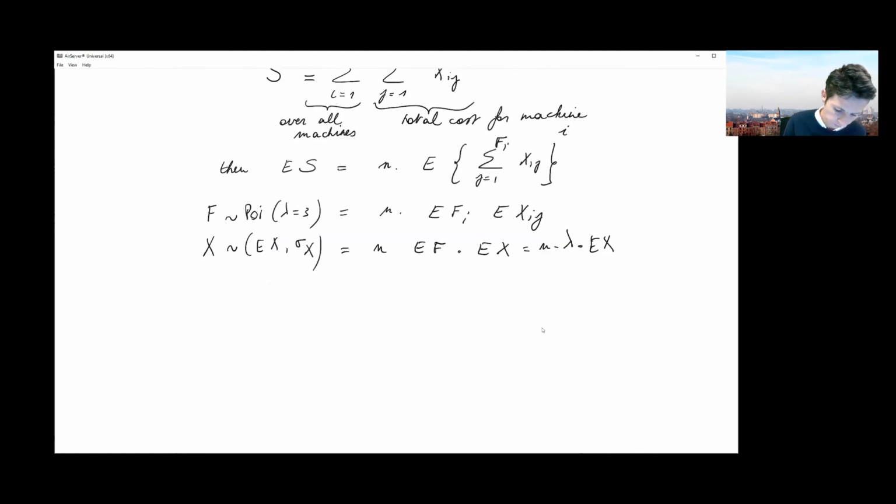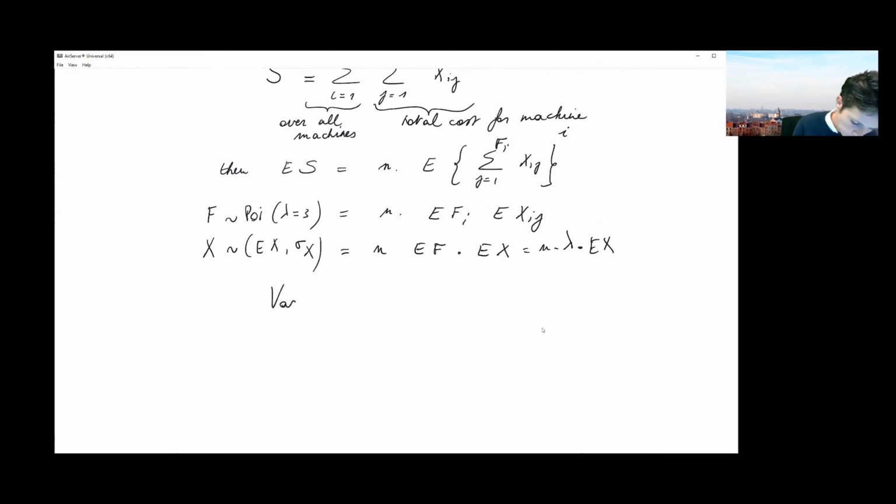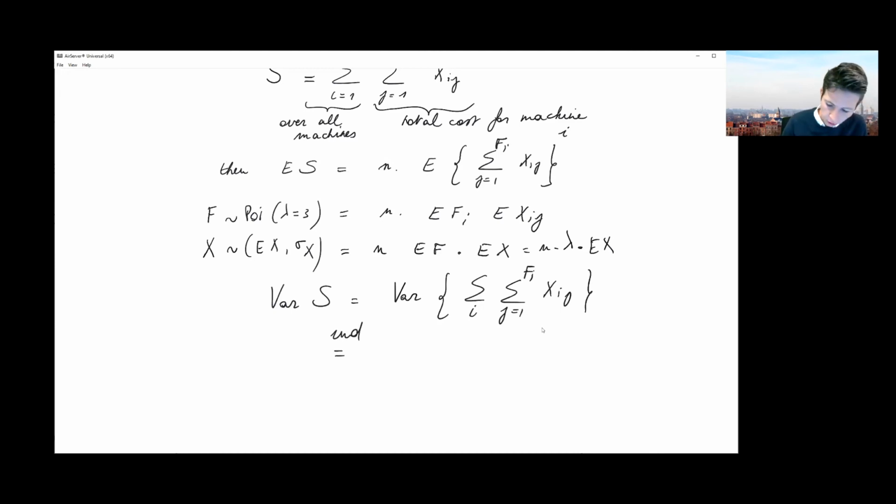So when you're dealing with the variance of S, you're going to look at the variance of the sum over i and then the sum over j, like this. You're going to use the independence assumptions, which are given. You're going to use the fact that distributions are identical across machines. So what we get is n times the expression for the variance of a compound sum.